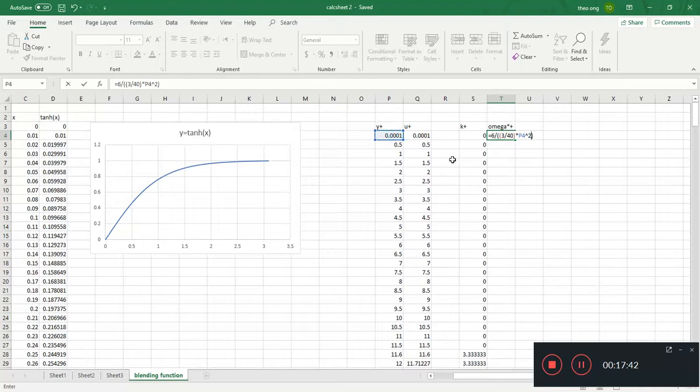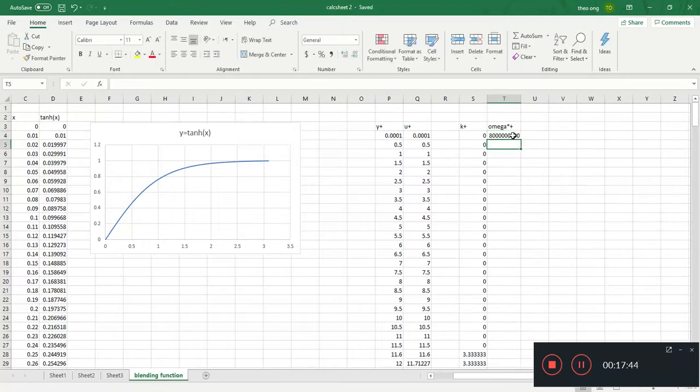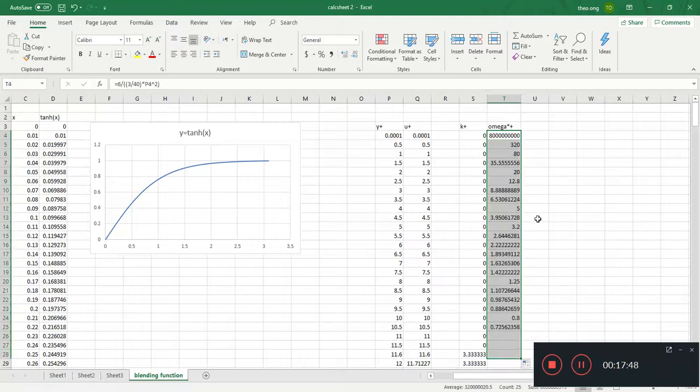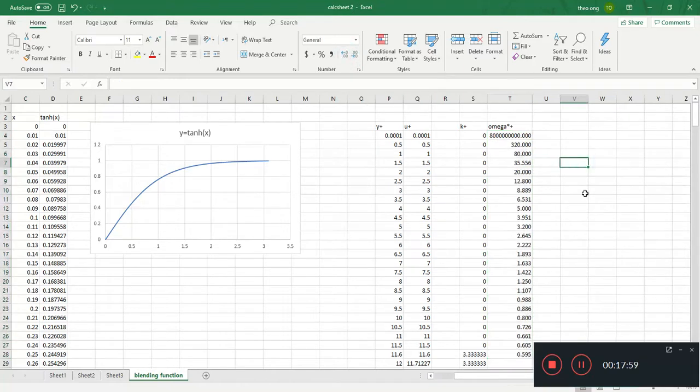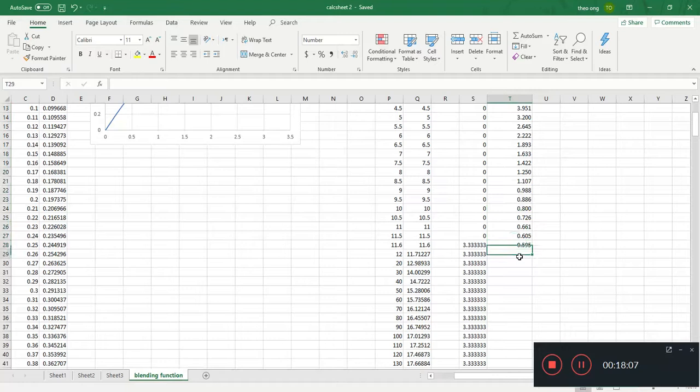It's horribly big at the start, and it rapidly shrinks all the way here, so it will go down as such. I just put 3 decimal places there. So you can see the dissipation rate is very, very high in the viscous sublayer, but rapidly decreases. That should be expected.